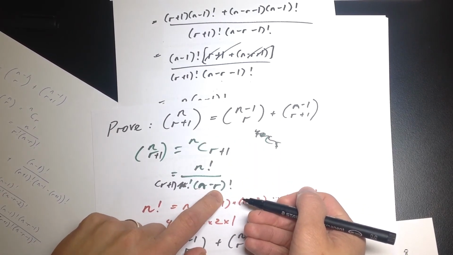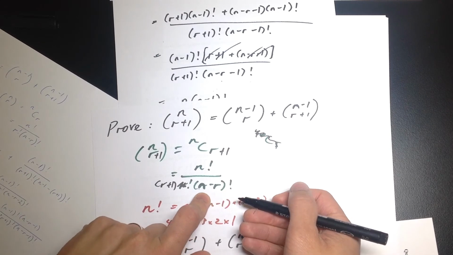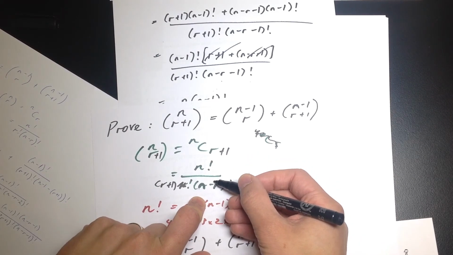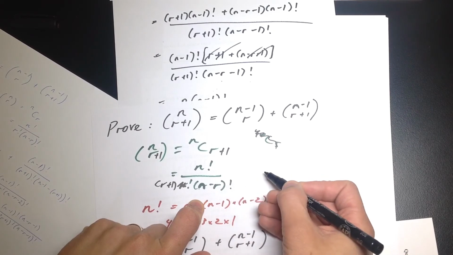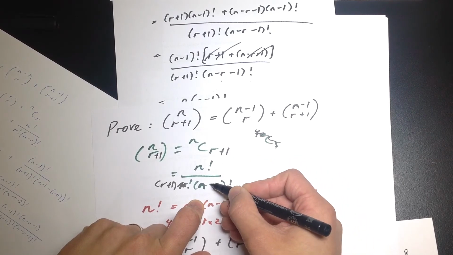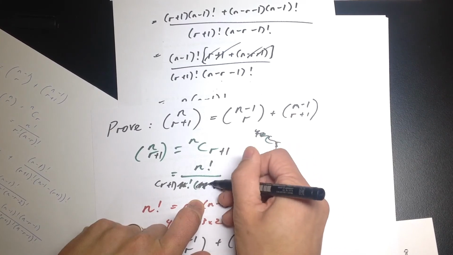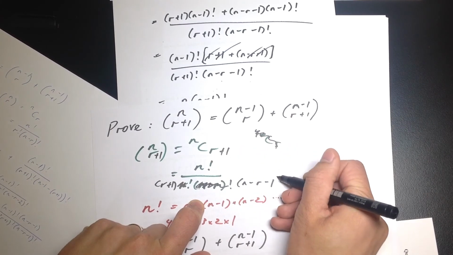And this n minus r factorial will become, with the r plus 1 in the brackets here, n minus r minus 1. The plus 1 becomes a negative because of that minus sign there, okay? So this would become n minus r minus 1 factorial.